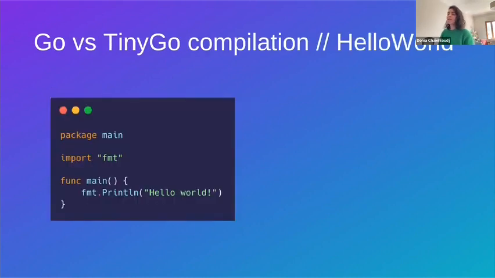So let's see what happens when we compile a program written in Go with its own compiler, Go, and with the TinyGo compiler. I will go through this example. This is a basic hello world, but for the ones that are not familiar with it, I will explain the code. So first we have the package main, because this is the main application. Then we have the import of format, because we want to print and display text.